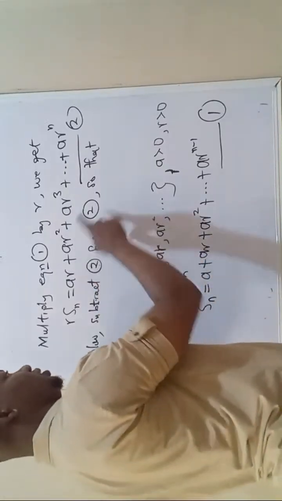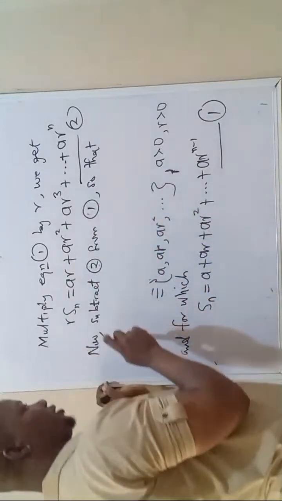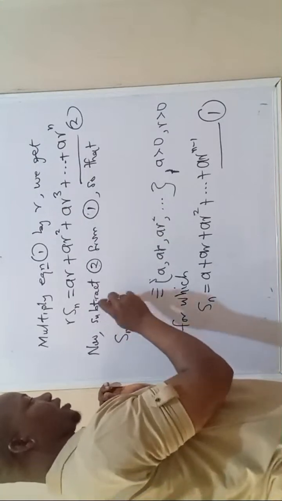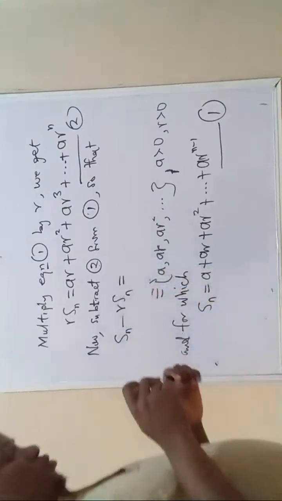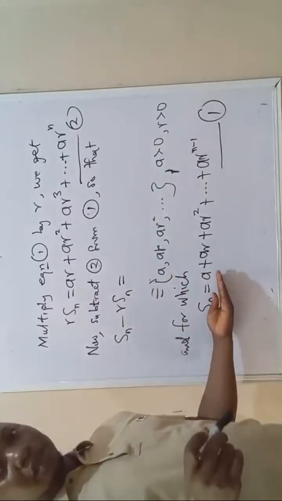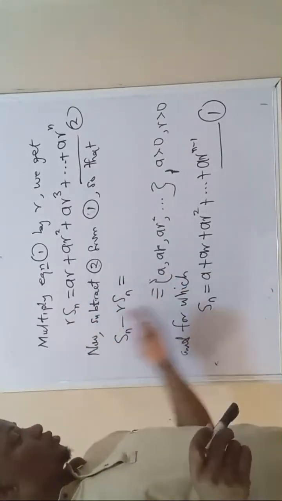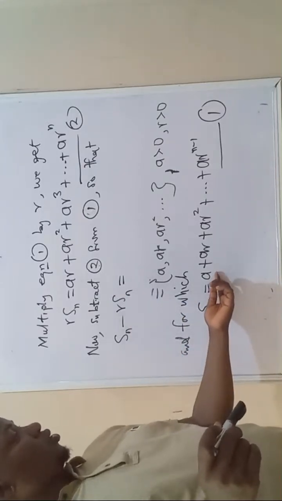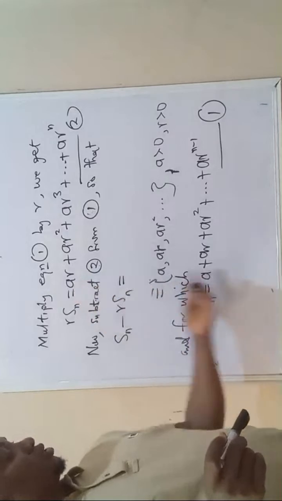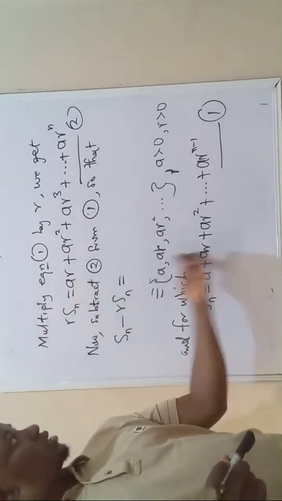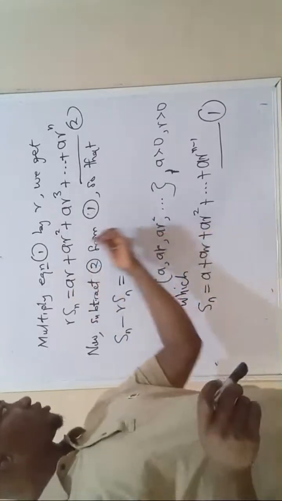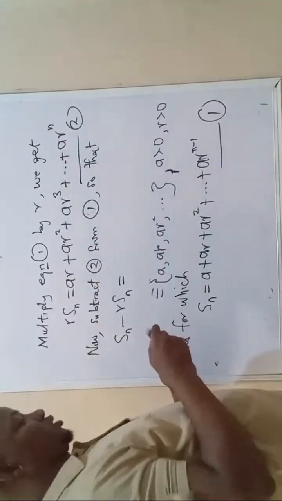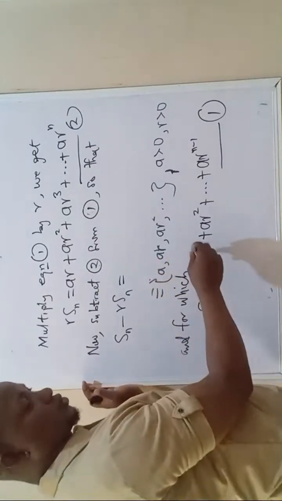Either way, this will be Sn minus rSn equal to, it's like subtracting this and this. The first one will be this, and the next one. Of course, you see this term is not here, so it will be this term. This and this will cancel out, this and this will cancel out, up to the term before this. So in doing this, all these terms will be cancelled out.